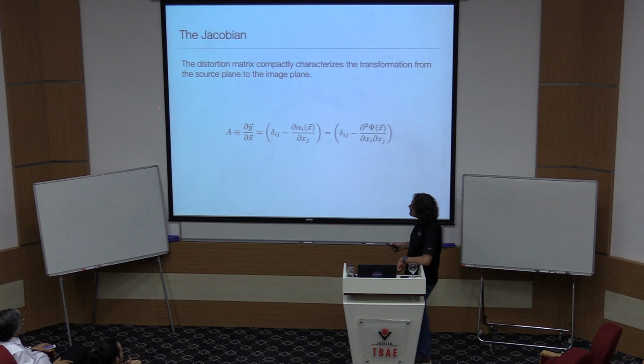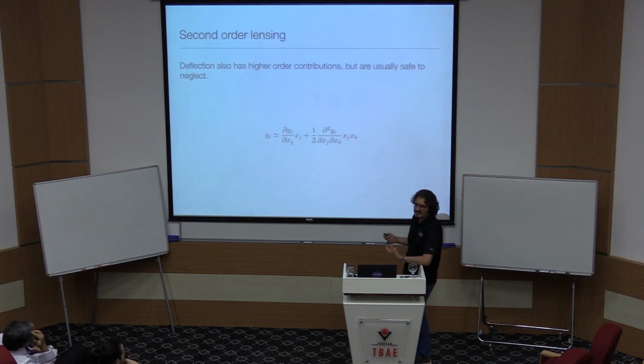This one is known as the distortion matrix A. It is the partial derivative of y with respect to x, where y is the position on one plane and x is the other, and it becomes the second derivative of your potential. This potential is just useful as a construct, but it's not physical, obviously.